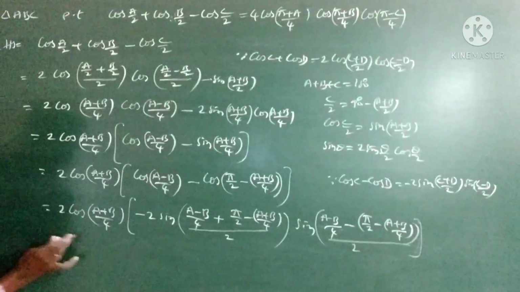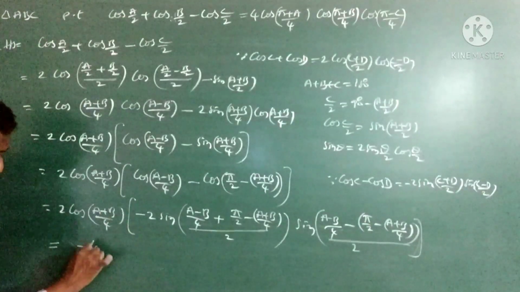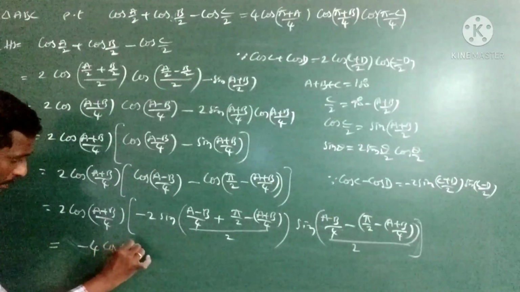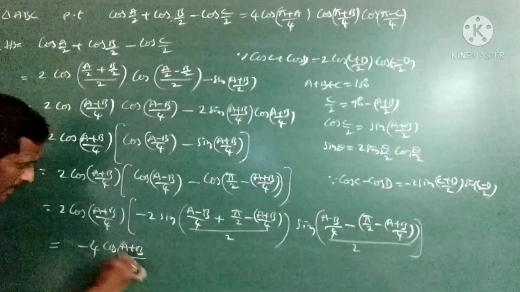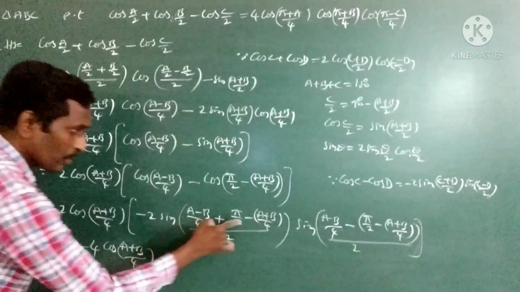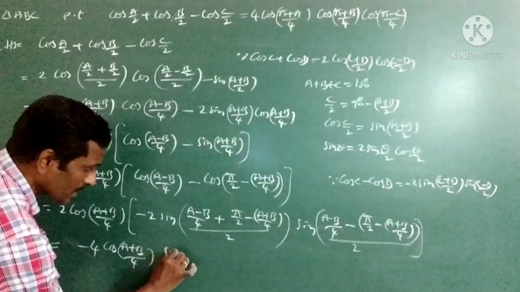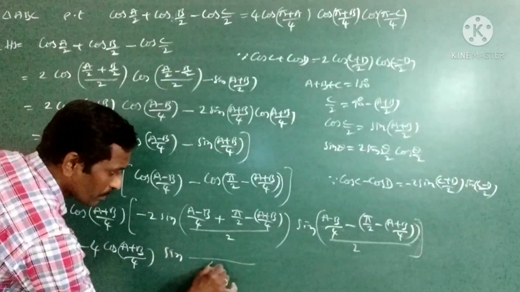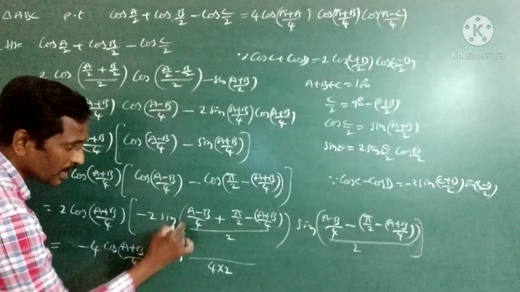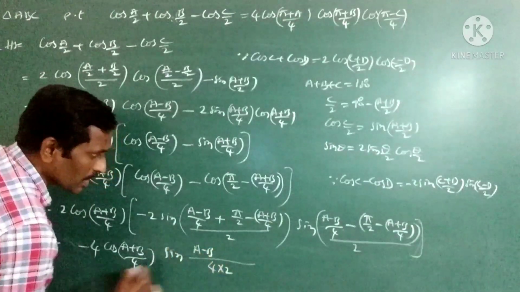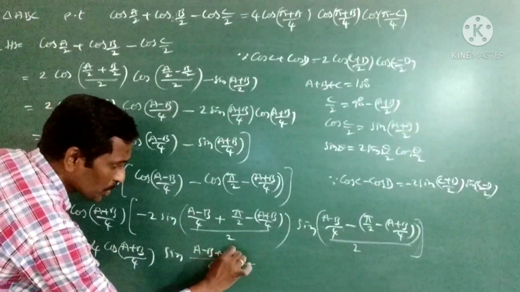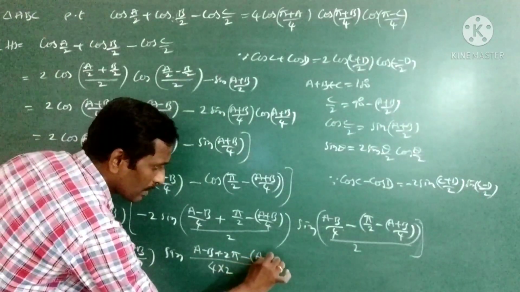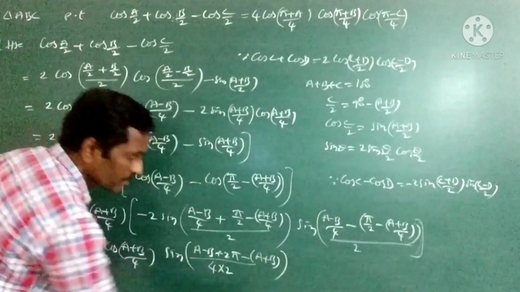This equals to, I am taking this out, minus 4 times 2 into 2 cos function A plus B by 4 as it is. Here I am going to simplify. Function is the sine, take an LCM. 4 is the LCM into 2. Numerator A minus B, 2 becomes 2 pi remain. 4 it is there means A plus B only the value.